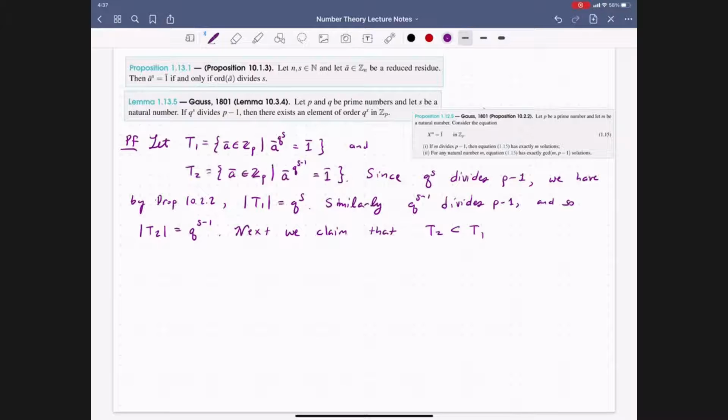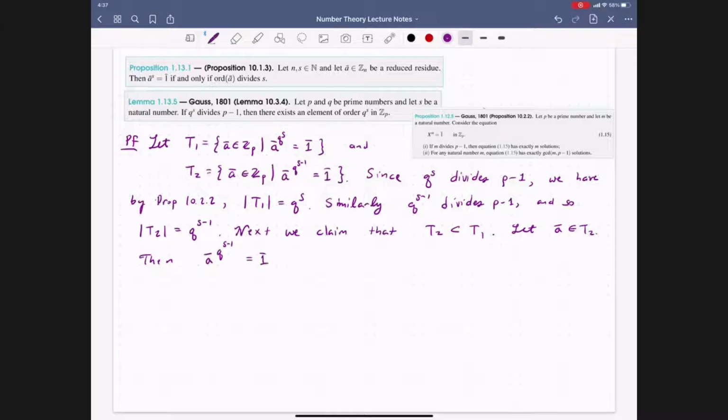We're going to choose an element of T2. So let a bar be in T2. Then, by definition of what it means to be in T2, that means that we can raise a bar to the q to the s minus 1, and we get back 1 bar.